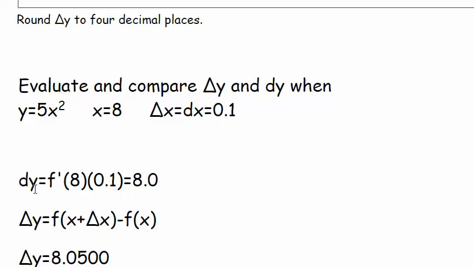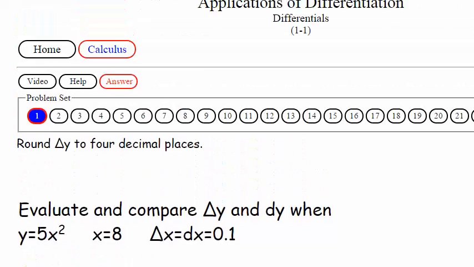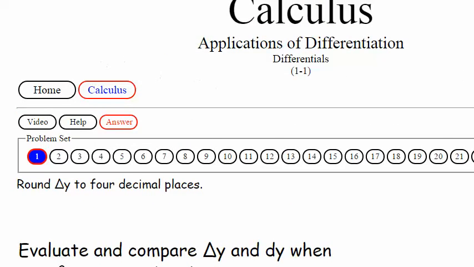But anyway, as you can see here, dy is equal to f prime of 8 times dx. Remember we took the derivative, that's what this is indicating here, and we plugged 8 into it, and then this is our dx. And then of course what the delta y is equal to. So that's all you need to know about that.